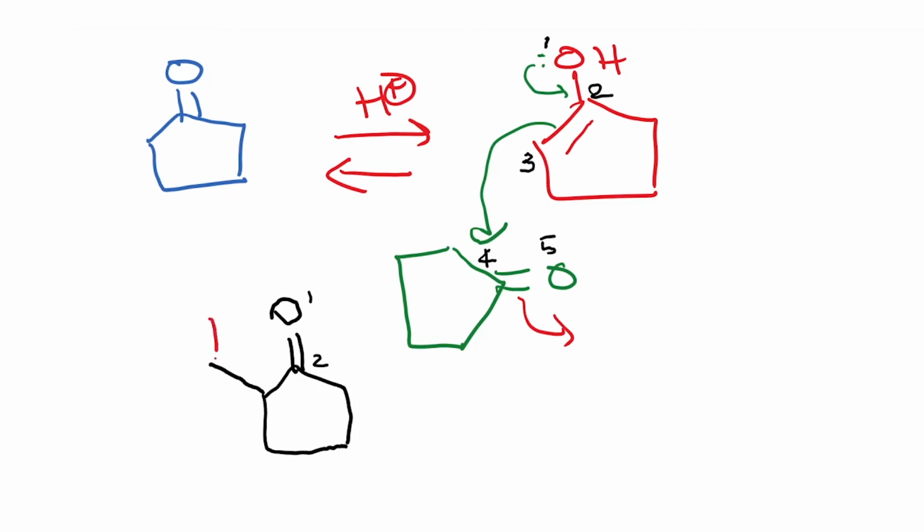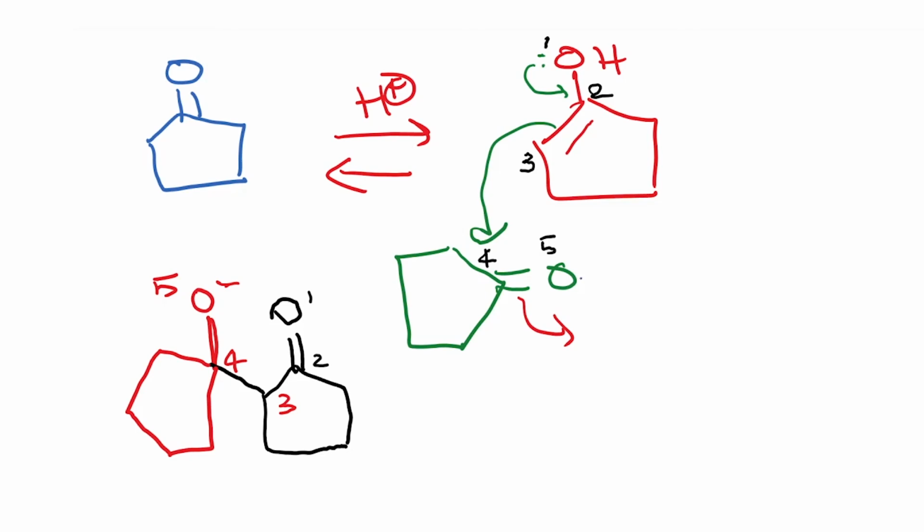And this is 3, this is 4, right? And the carbon oxygen bond is now going to be a single bond, and the cyclopentane ring is going to be the same. This is something that you guys need to get used to now in this lecture. So you will form this kind of a product.